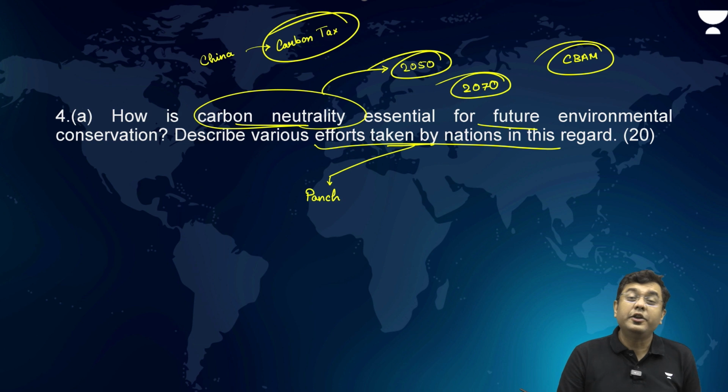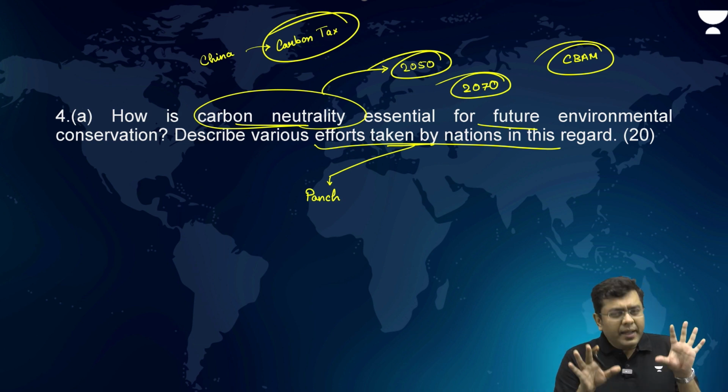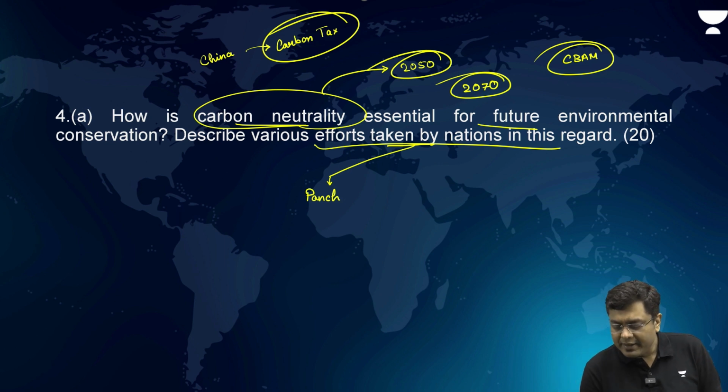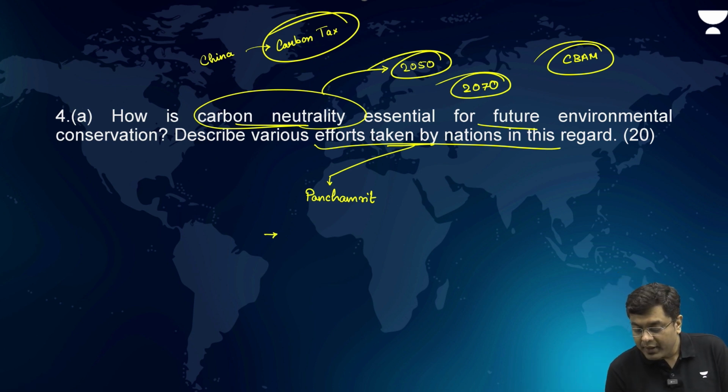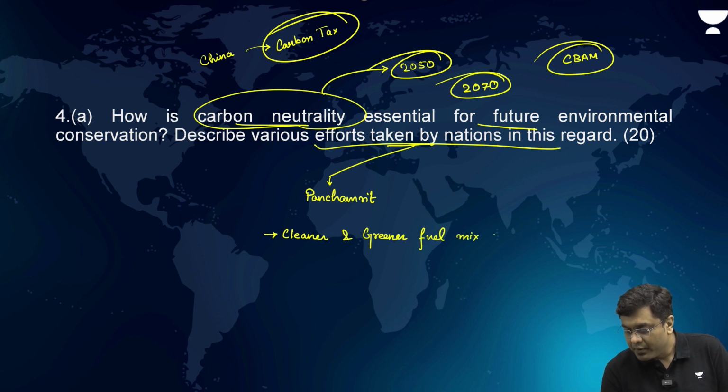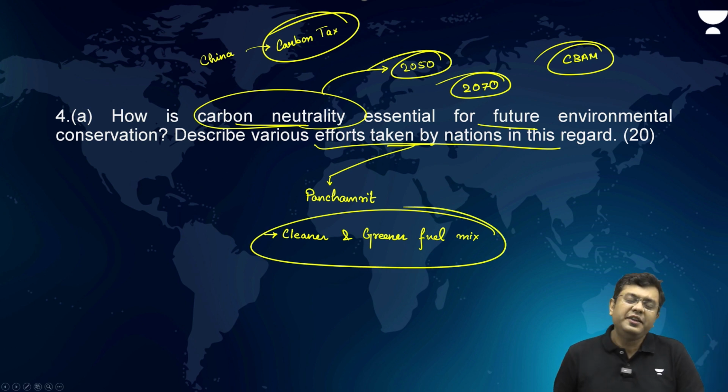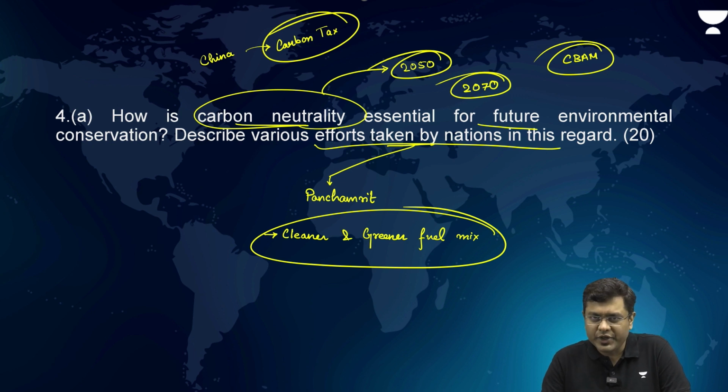So, multifarious examples, but broadly Indian examples are also something that you had to highlight. Panchamrit, then the overall movement towards a cleaner and greener fuel mix. Okay, these factors you need to highlight there. So, again an easy question.